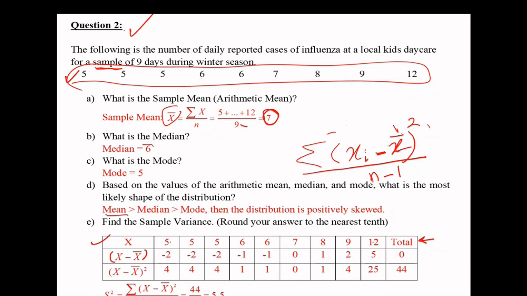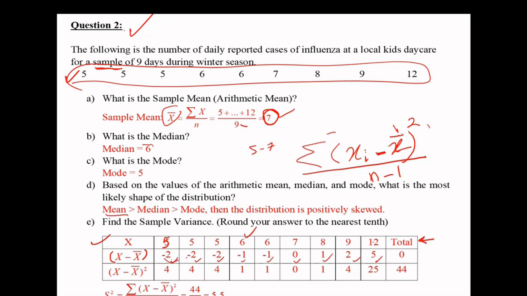Here x is 5. 5 minus 7 is minus 2. Then 6 minus 7 is minus 1. 7 minus 7 is 0. 8 minus 7 is 1, 9 minus 7 is 2, and 12 minus 7 is 5. This is the difference between each value and x bar.